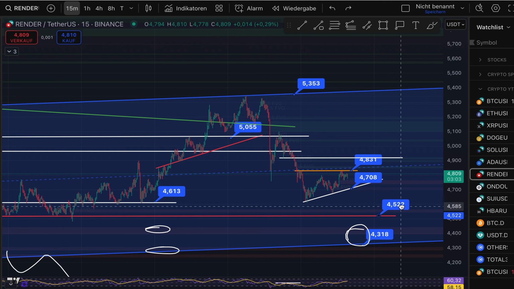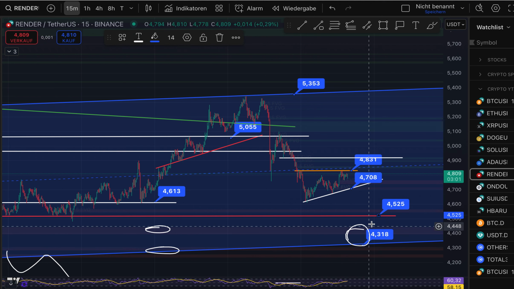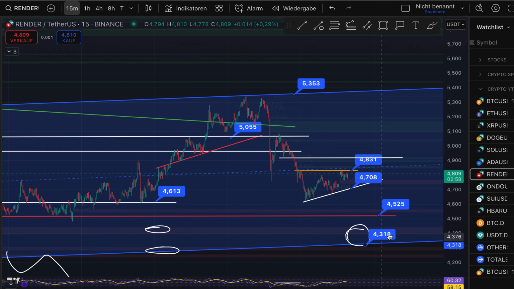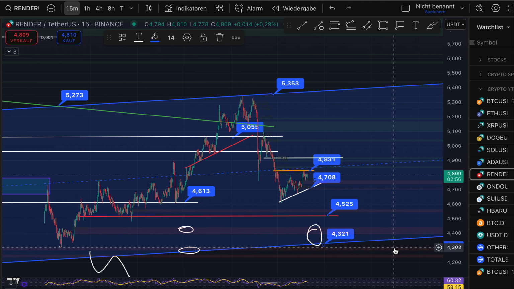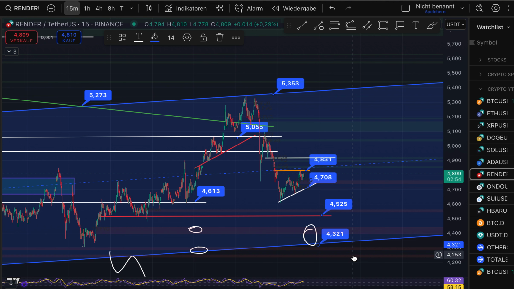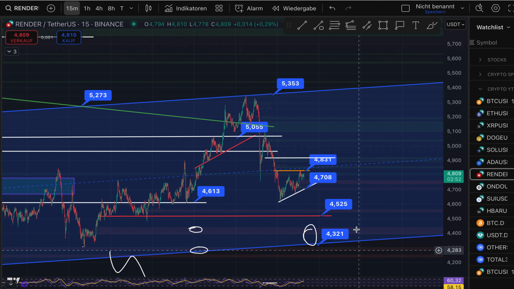If we lose the $4.52, then we should drop to $4.32 with a very high chance. As long as we hold the $4.32, we can't be bearish for Render.